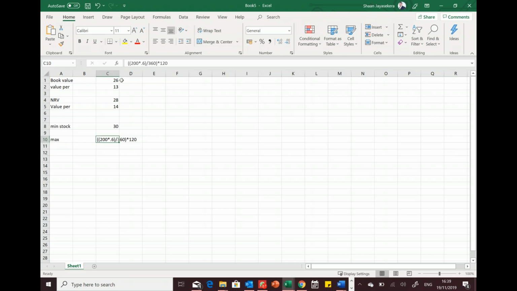Sorry, that's 40, which means the difference is the amount I need to fund through my bank overdraft. We are financing the permanent part, so the permanent part here is 30. This 30 can fluctuate to 40, which means that balance of 10 is the fluctuating current assets, which means your answer here is answer A.